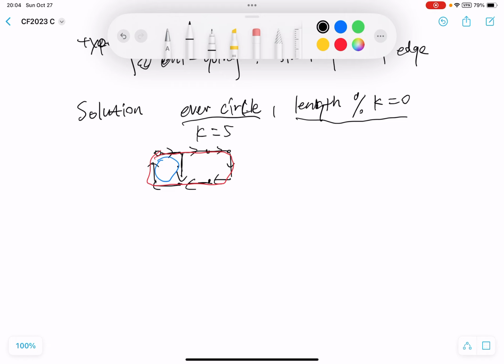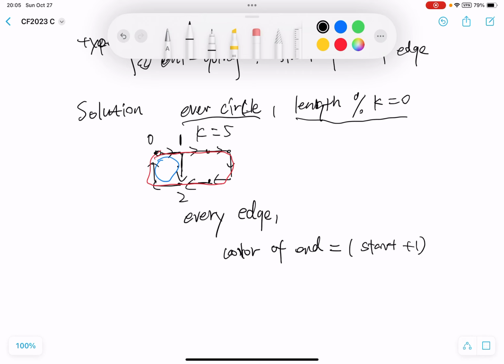For example, the first node's color will be 0, the second is 1, this will be 2. That means for every edge, we want the color of the end to equal the color of the start plus 1, modulus k.